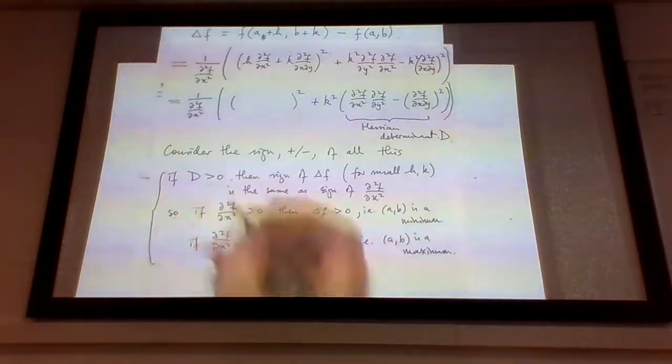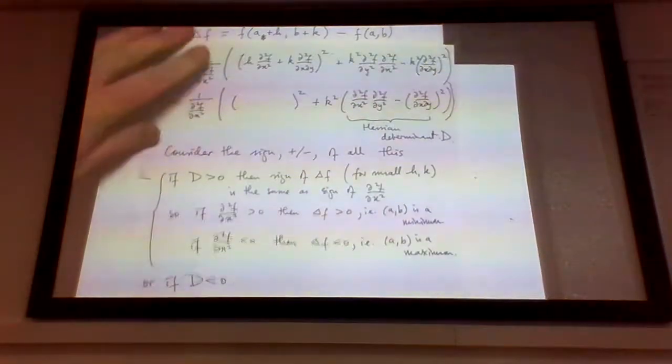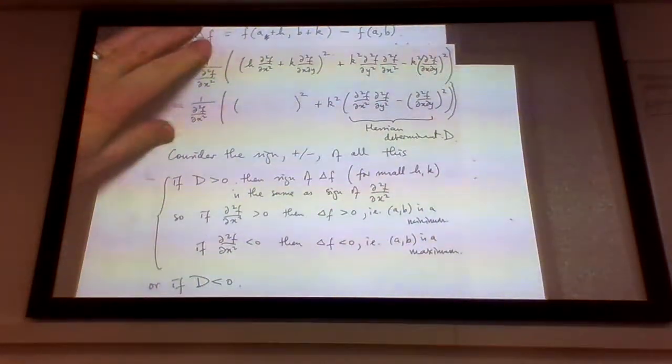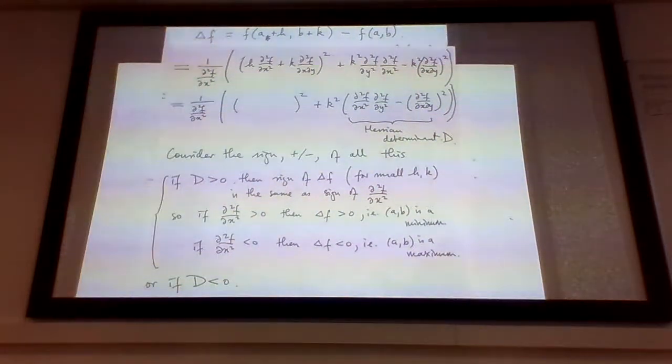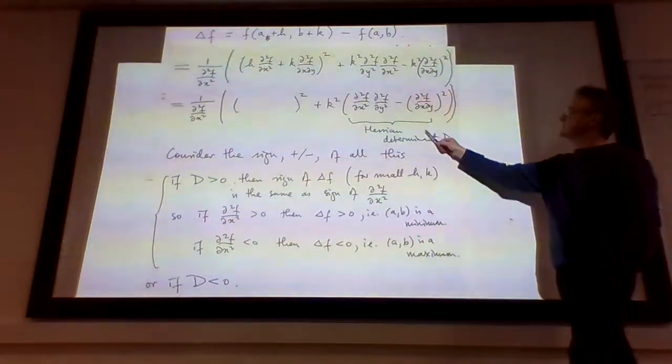So the other case then is if the Hessian determinant is negative. So then what's the sign of this quantity if the Hessian determinant is negative? So what's the sign of all of this if this part here is negative?